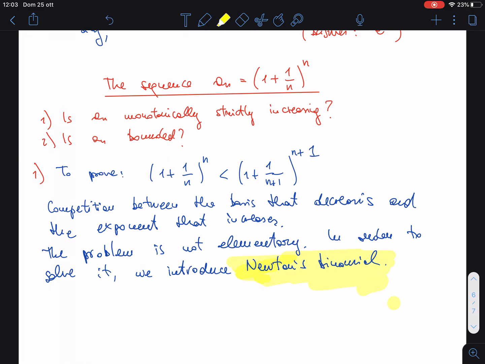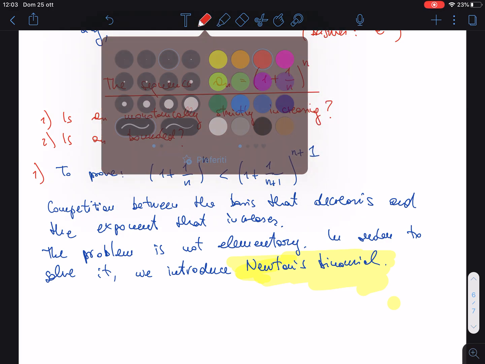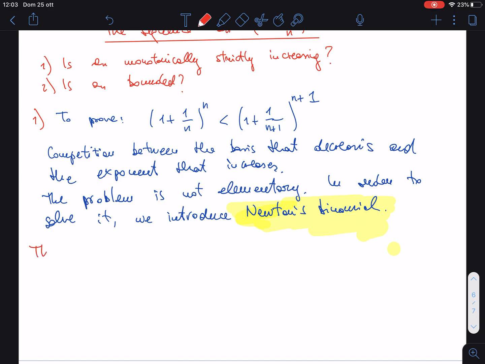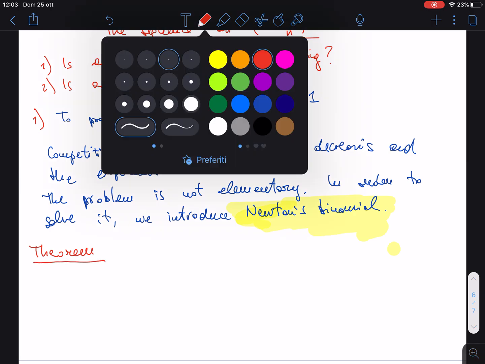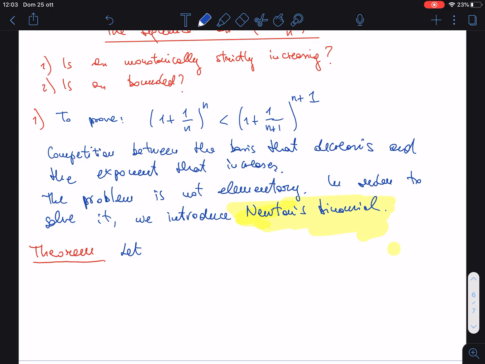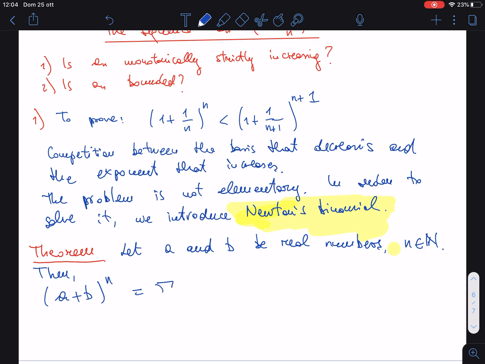Okay, and I introduce it in the form of a theorem that says, let A and B be real numbers, n is a natural number, then (A plus B) to the nth power is what? Is the sum of many terms.